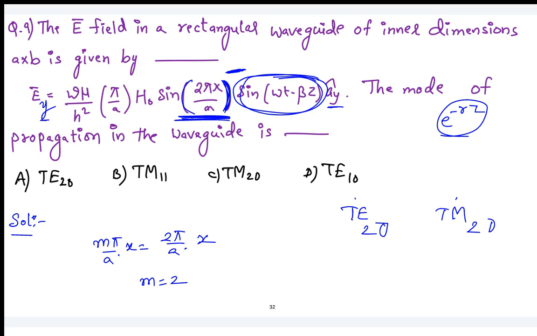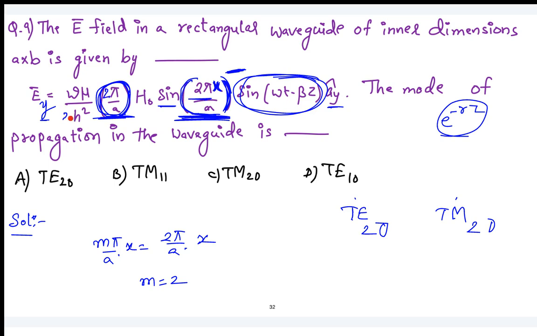So there is one simple trick. Whatever coefficient you are getting here is nothing but your x component itself, right? Whatever is there inside the sine, you are getting as a multiplier. Agree or not? Because of course 2 pi by a is there, I can multiply with 2 and divide with 2.